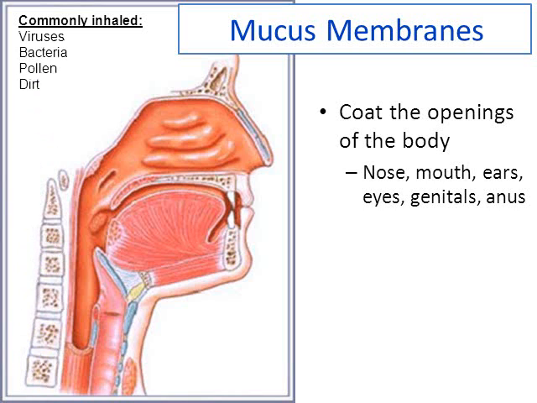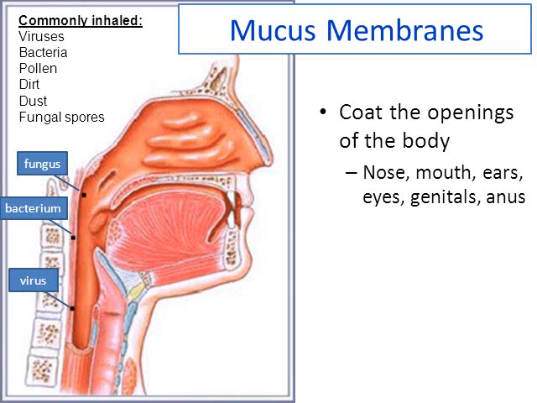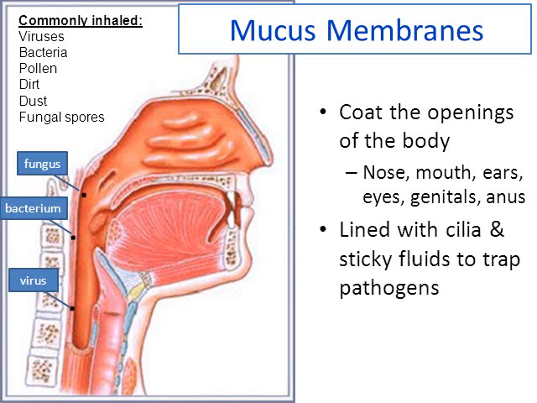And so you look at, here's a list of items that are commonly inhaled. And in my animation, here's a person that just inhaled those 3 black dots, and pretend the one on top is a fungus, the one in the middle is a bacteria, and the one on the bottom is a virus. There's a good chance that these 3 pathogens will get stuck in the sticky coating of the mucous membranes. And so they'll never get past and actually gain access into the internal cells of your body, because our mucous membranes are lined with a sticky fluid to trap the pathogens.